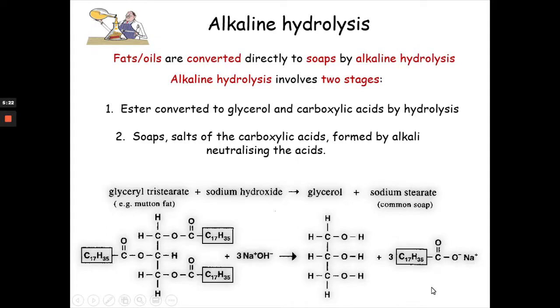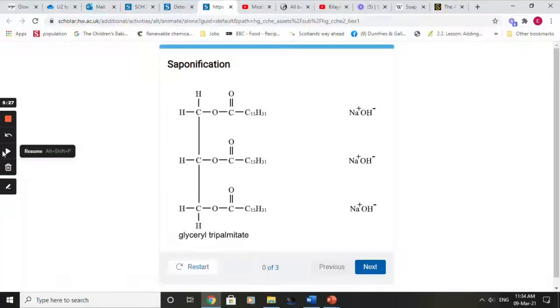So we're just going to look at this process in a little bit more detail using the Scholar animation. Okay, so this animation is titled Saponification for soap making. Again, you can see our fat or oil molecule here, and we're going to look at the alkaline hydrolysis process. It's called alkaline hydrolysis, but technically it probably happens in the reverse order, hydrolysis and then reaction with the alkali.